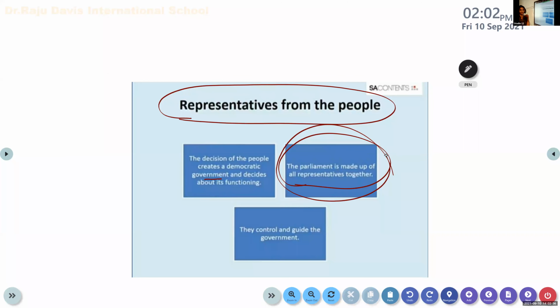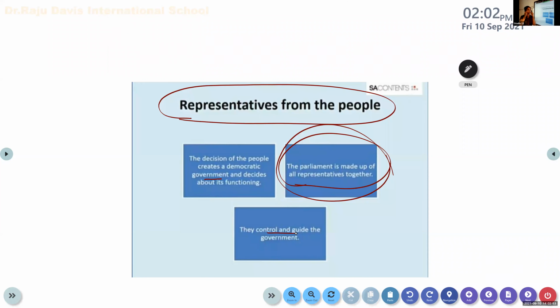So children, all these elected representatives together make up the Parliament. The responsibility of these representatives is to control and guide the government.